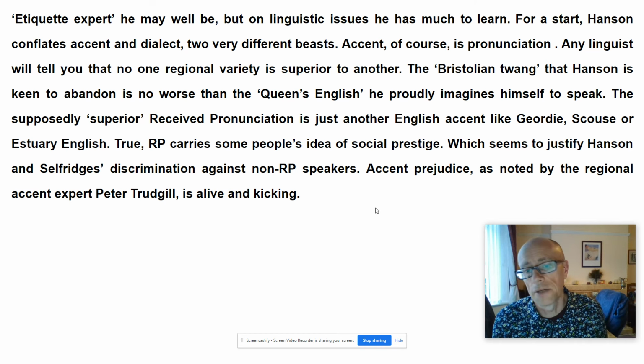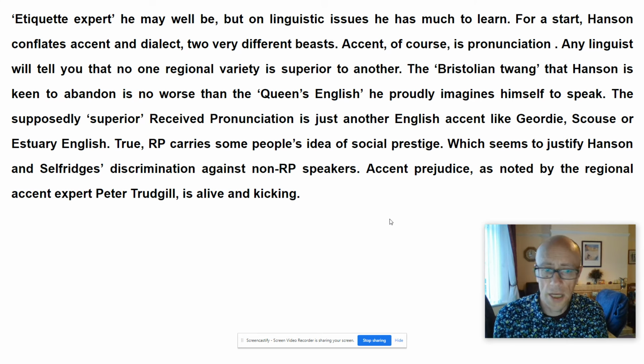True, RP carries some people's idea of social prestige, which seems to justify Hanson's and Selfridge's discrimination against non-RP speakers. Accent prejudice, as noted by the regional accent expert Peter Trudgill, is alive and kicking. So there's a lot of stuff going on in there.